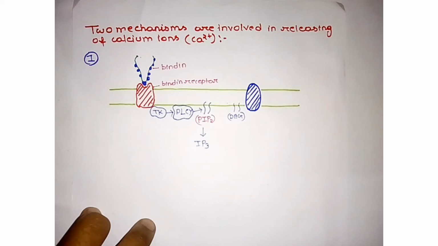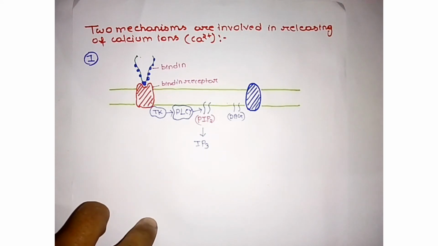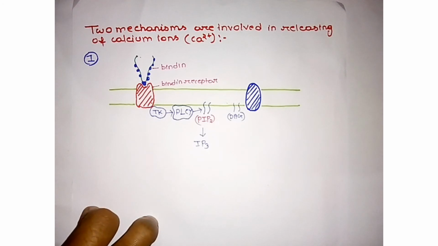IP3 and DAG. Phosphatidylinositol 4,5-bisphosphate is the full form of PIP2, and when PIP2 is cleaved by PLC gamma, it leads to formation of two important components.